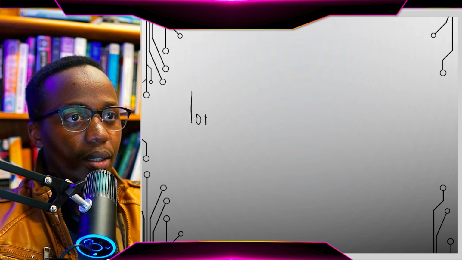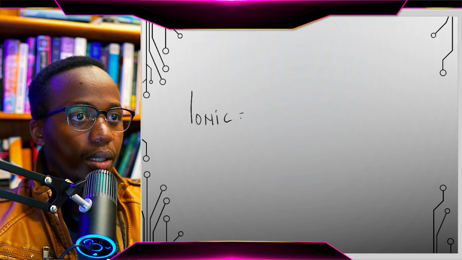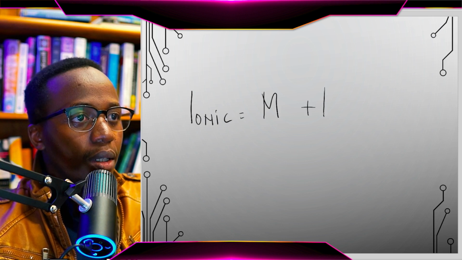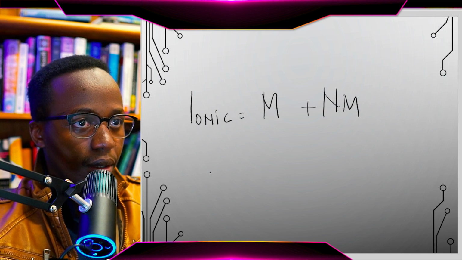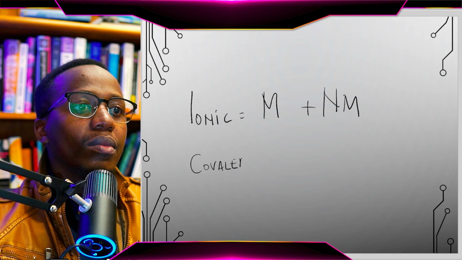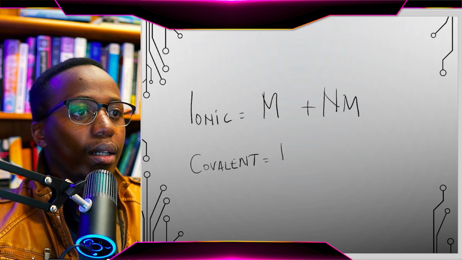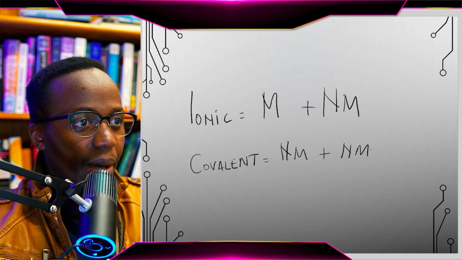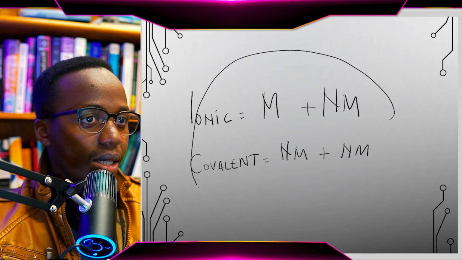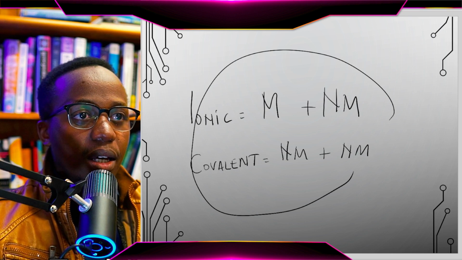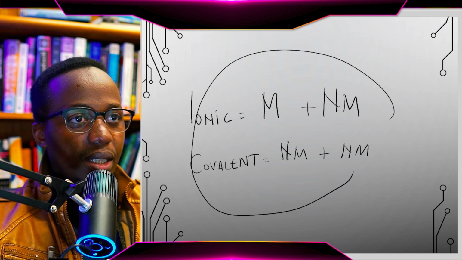Ionic compounds are going to be metal, so it's just M, and non-metal. And then covalent is NM plus NM, non-metal plus non-metal. So remember this, and it's important because we name these differently.